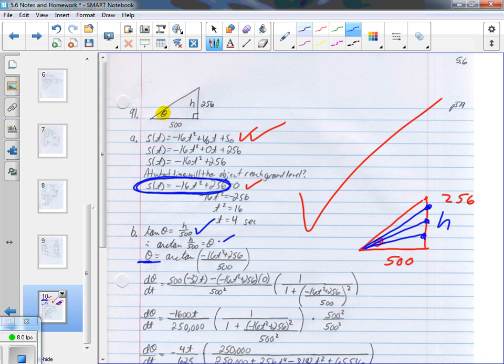The height is 0 when it hits the ground. So, see how part A leads us to part B? That's a common way to ask an AP question as well. Okay? So, we're going to use what we found in part A. That's the height of the object.